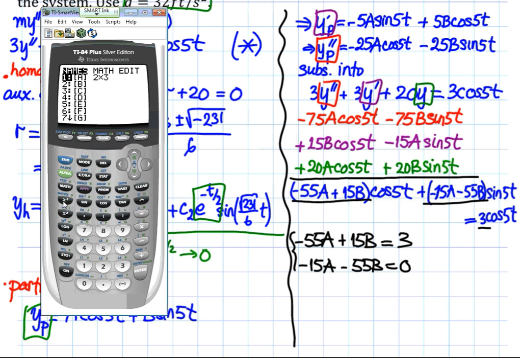First, I'm going to store the values into a matrix. I'll just call it C, 2 by 3. The coefficients are negative 55, 15, and 3, then negative 15, negative 55, and 0.